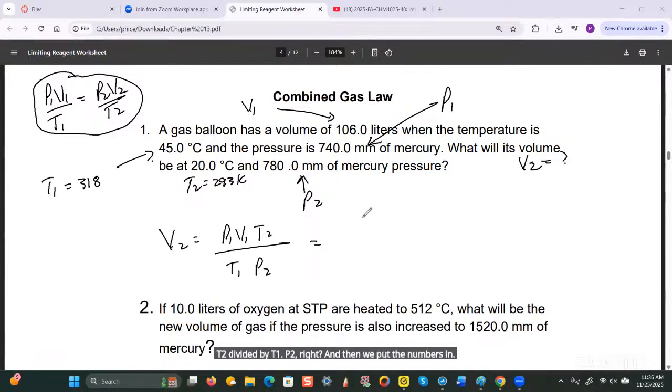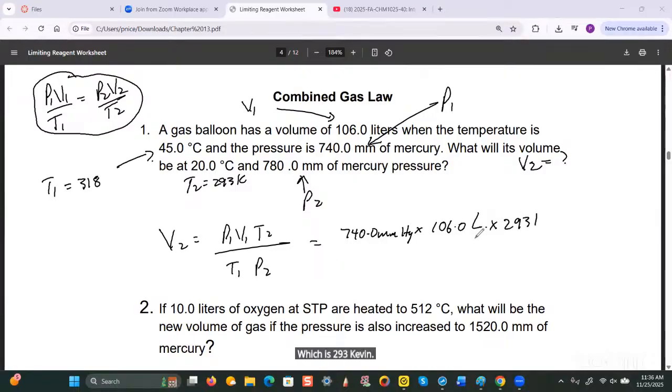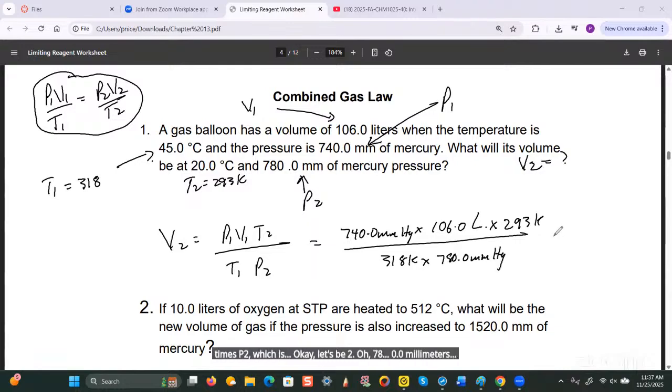P1 is 740.0 millimeters mercury times V1, which is 106.0 liters, times T2, which is 293 Kelvin, all divided by T1, which is 318 Kelvin, times P2, which is, okay, what's P2? Oh, 780.0 millimeters mercury. And that's the setup right there.